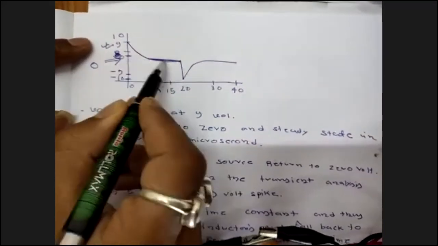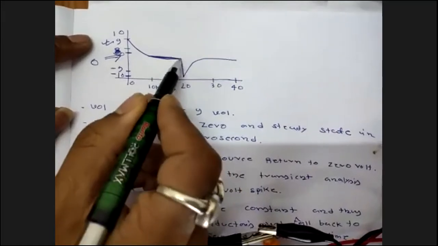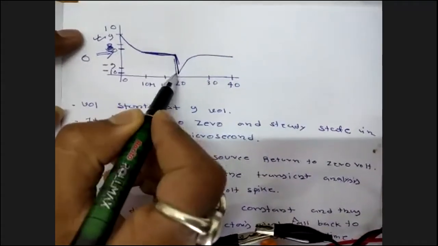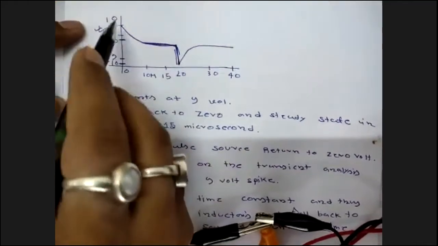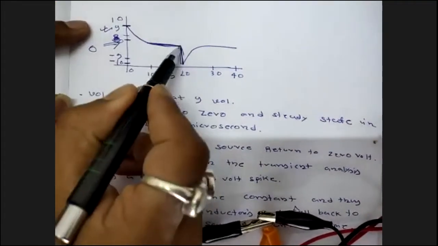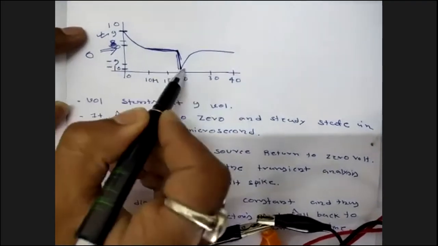That means the 0 condition, and after some time it will go to the negative peak. It starts from +9, and when it reaches the negative peak, it goes to -9.